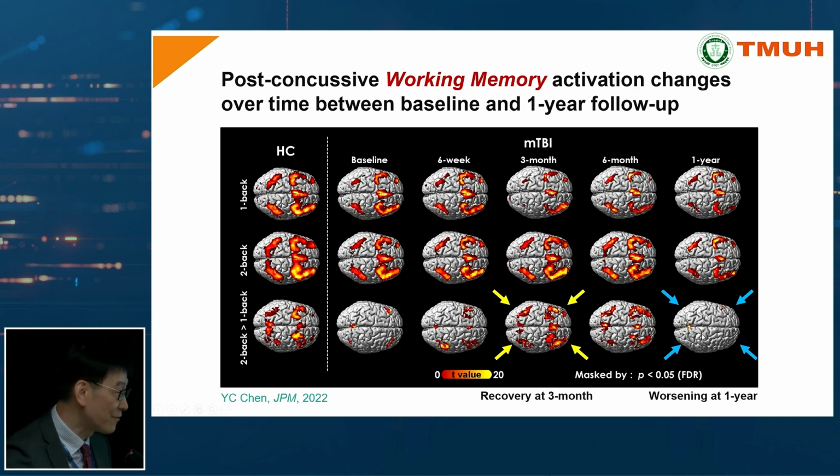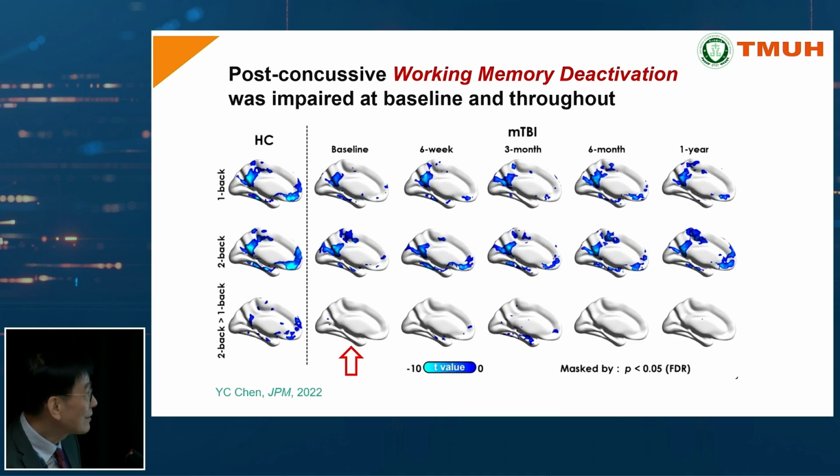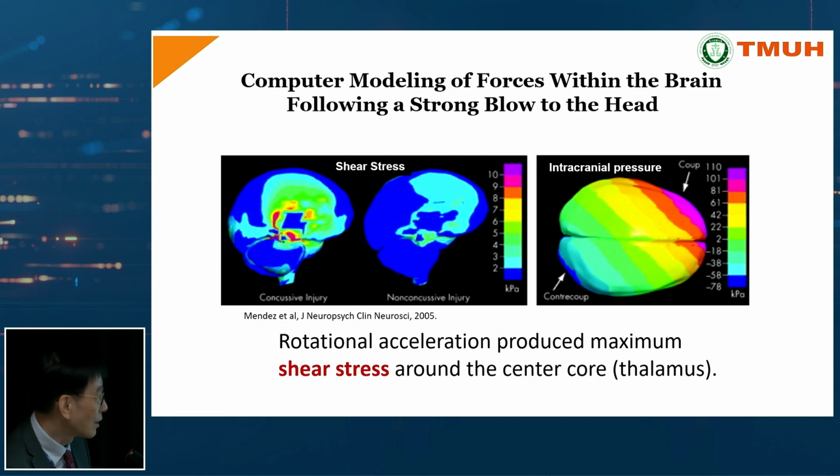This is a bumpy, fluctuating working memory, typical for prolonged post-concussion syndrome. Looking at working memory deactivation, the concussion patients lost the ability to suppress the default mode network from the beginning to the end. This is the patient with prolonged post-concussion syndrome.